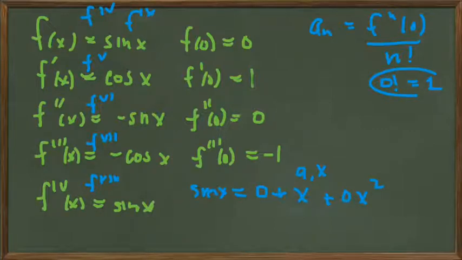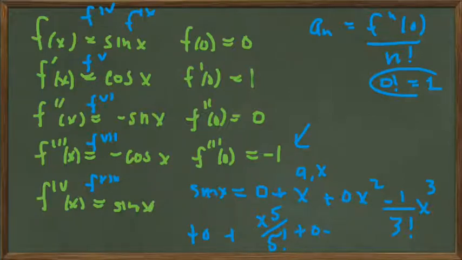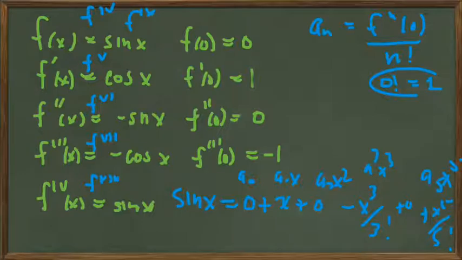The next term is here, minus 1, and that is the third term, so it's divided by 3 factorial, and it's x cubed, and the next one 0 plus x to the 5th over 5 factorial plus 0 minus x to the 7th over 7 factorial, etc. I'm going to write this out a little more carefully on the next blackboard where we have more room.